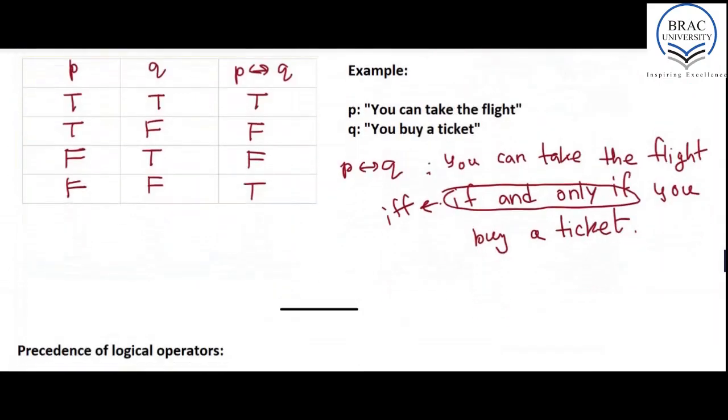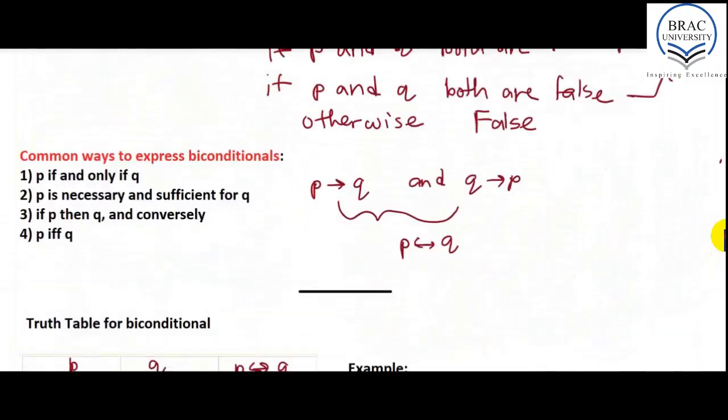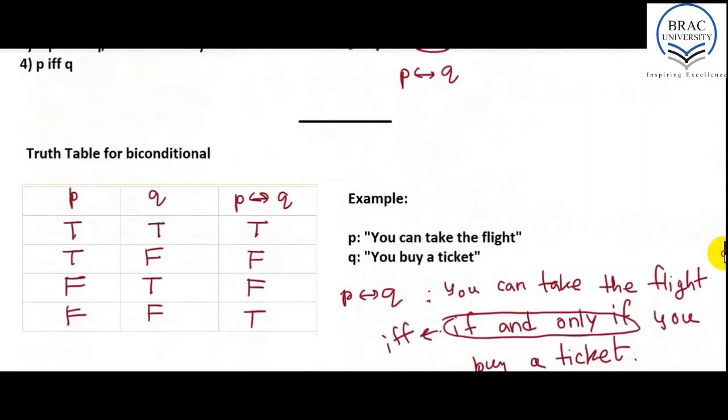I will show the truth table, why we need P implies Q and Q implies P both to be true to make the biconditional of P and Q true, in our next lecture. But let's move to another topic now.